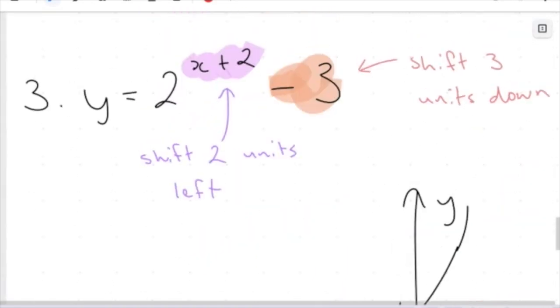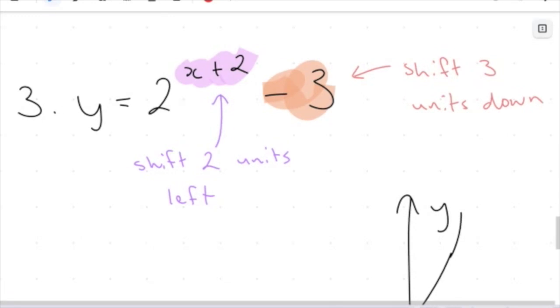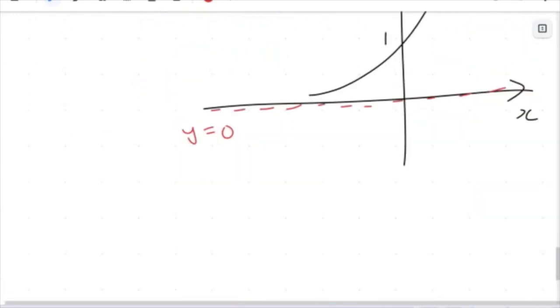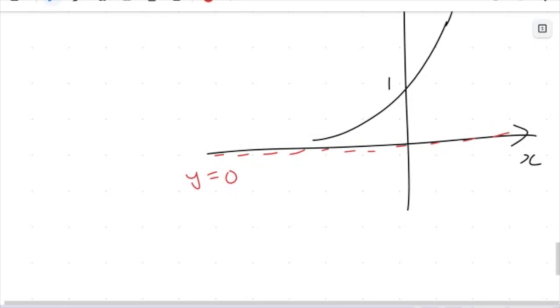Now, in the same way with the hyperbola, I have a 3-unit shift down. So, not only will my whole graph move down, my asymptote will also move down 3 units. So my new asymptote ends up being at y equals -3.